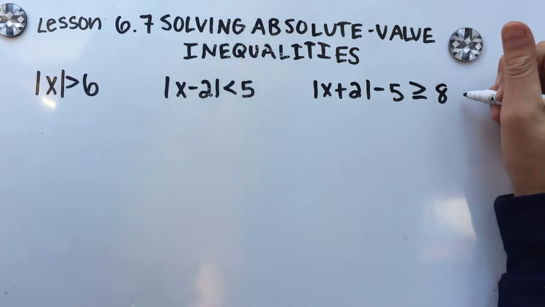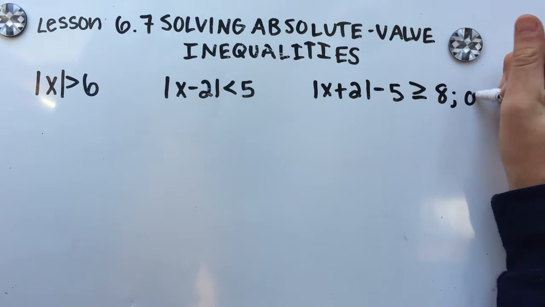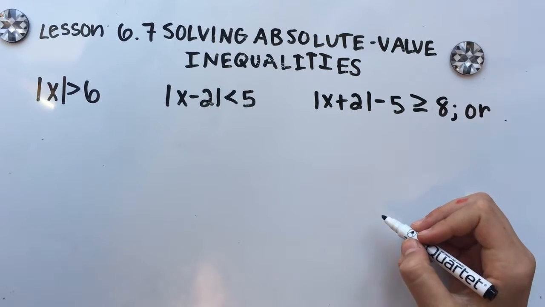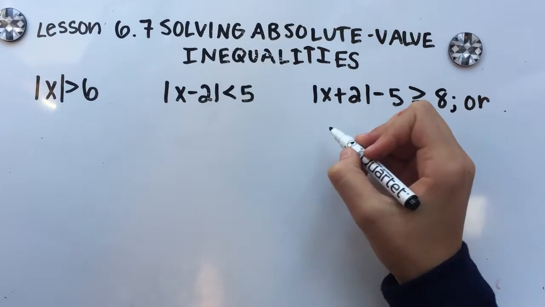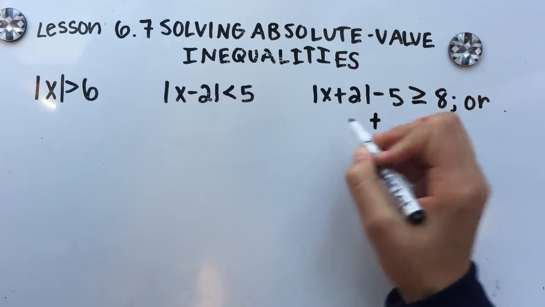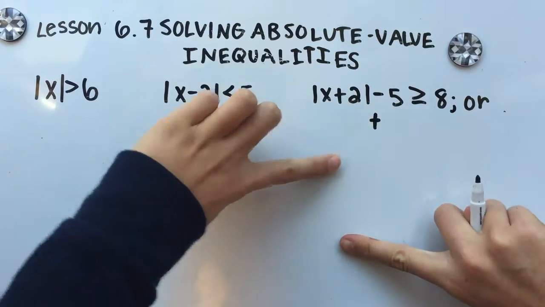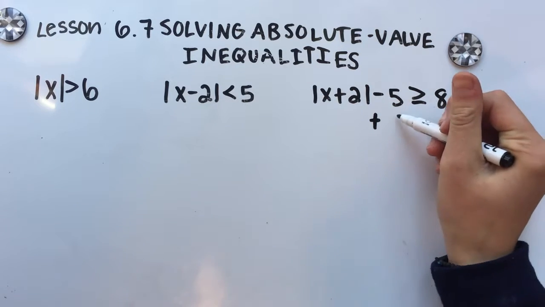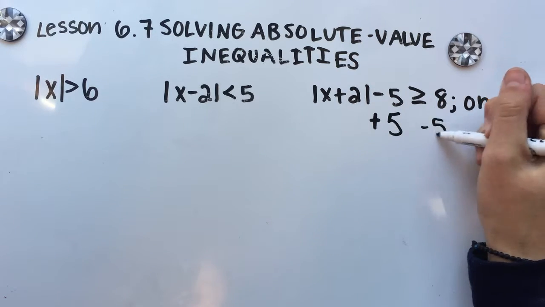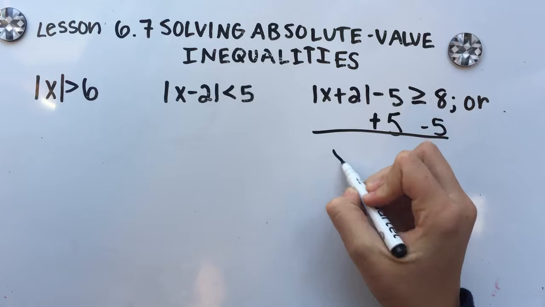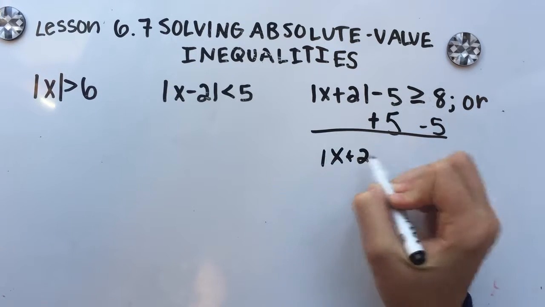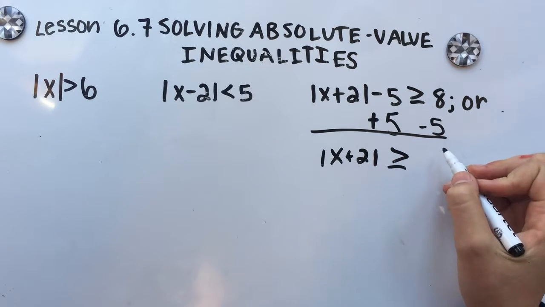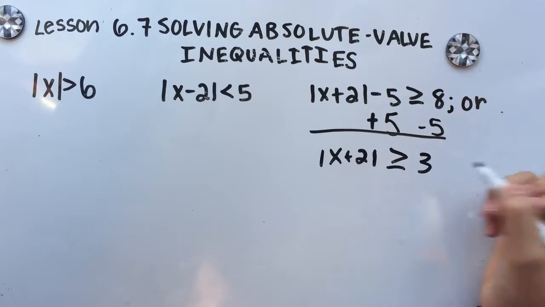This one is an or, so we can put a little note on the side that this is an or. Before we put these into two different inequalities and flip the sign, we are going to simplify this 5 so it's not there anymore. So the absolute value of x plus 2 is greater than or equal to 8 plus 5, which is 13.